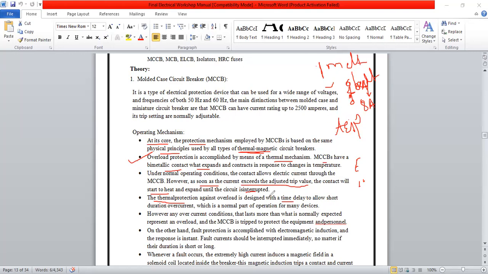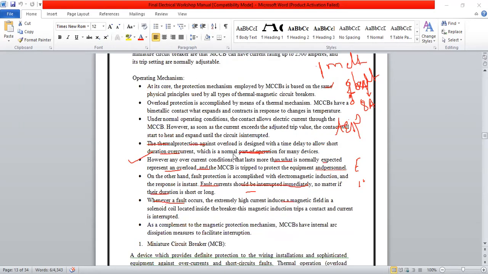On the other hand, fault protection can be accomplished by using this MCCB. Using this MCCB we can also provide fault protection. There are different types of faults, either in a line or in equipment. Suppose we consider a motor.